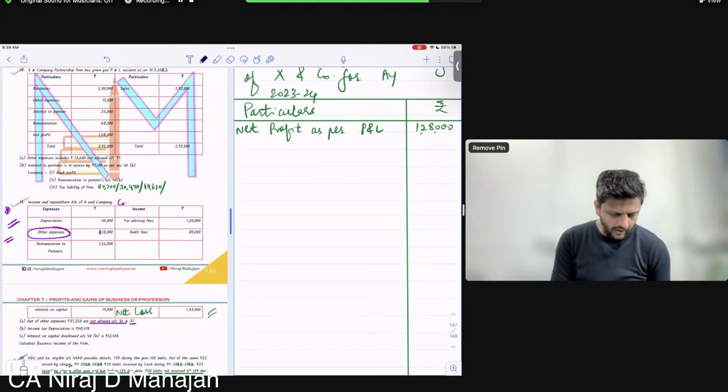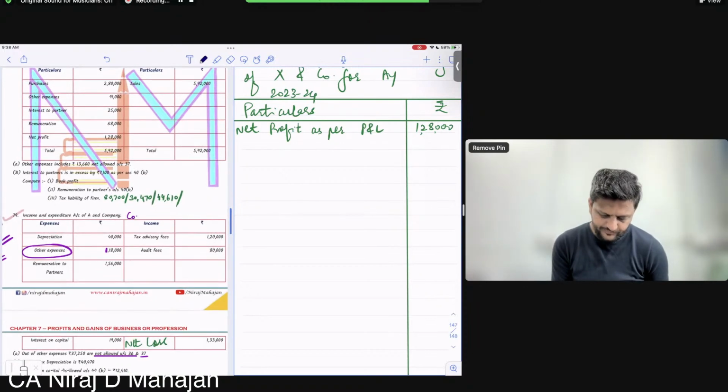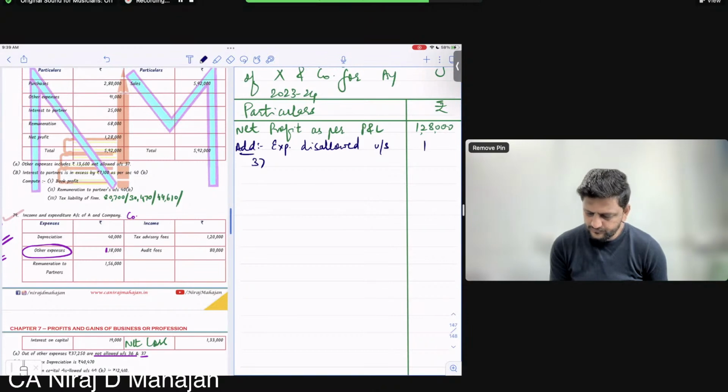Then look at the adjustments. Add expenditure disallowed. है ना? Under section 37, 13,600. Okay, it is quite clearly given to you.